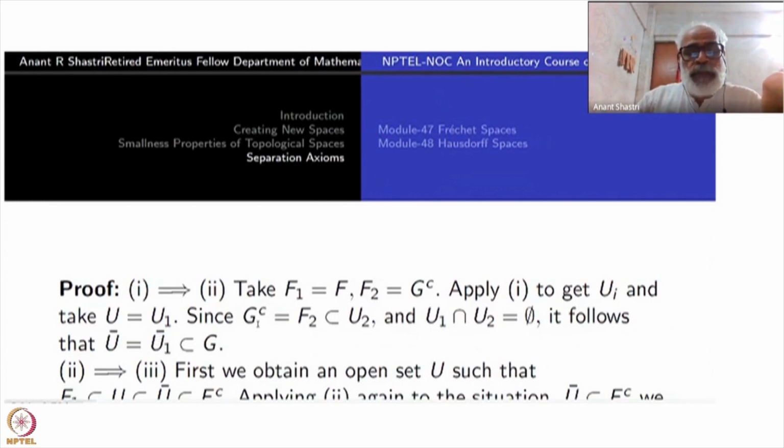G complement, which is F2, is contained inside U2, so U1 intersection U2 is empty. Therefore, U1 bar, which is U bar, is contained inside G. So that is 1 implies 2.